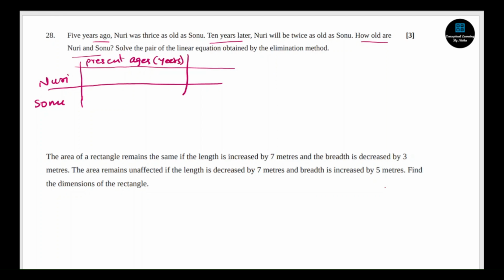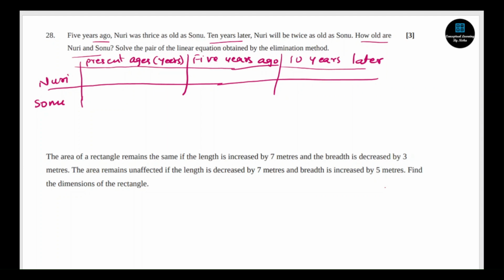Then, age 5 years ago. And 10 years later. Now, present age, let's say x and y. 5 years ago, this is x minus 5, y minus 5, and 10 years later, it is x plus 10, y plus 10. Okay, now let's form the equation. What they are saying, 5 years ago, Noori was thrice as old as Sonu.